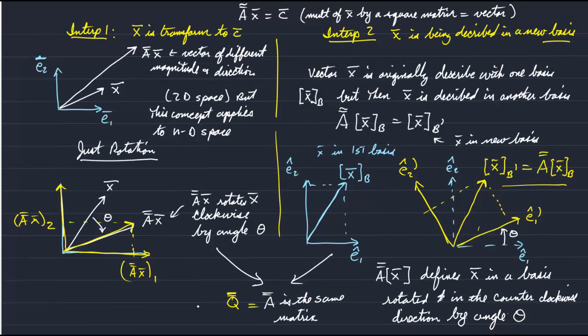And the same operation, that is multiplying Q by x, if we set that to a new vector c, then this same operation can be interpreted as rotating x into a new vector c by an angle theta in the clockwise direction.